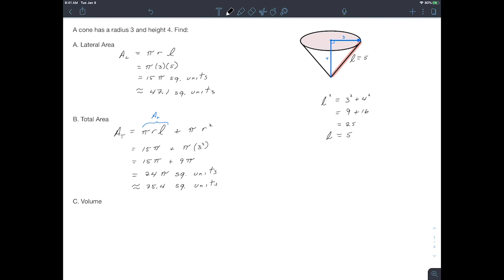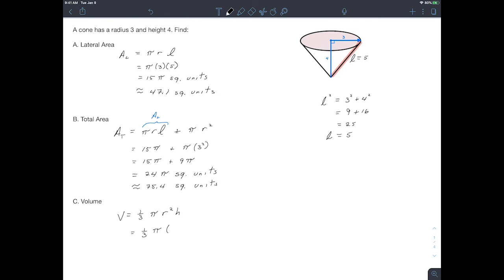And finally, the volume for a cone is 1/3 pi r squared times the height. You'll notice that this portion here is the formula for a cylinder's volume. But the cone's is 1/3 that amount. All right, so this is now 1/3 pi.